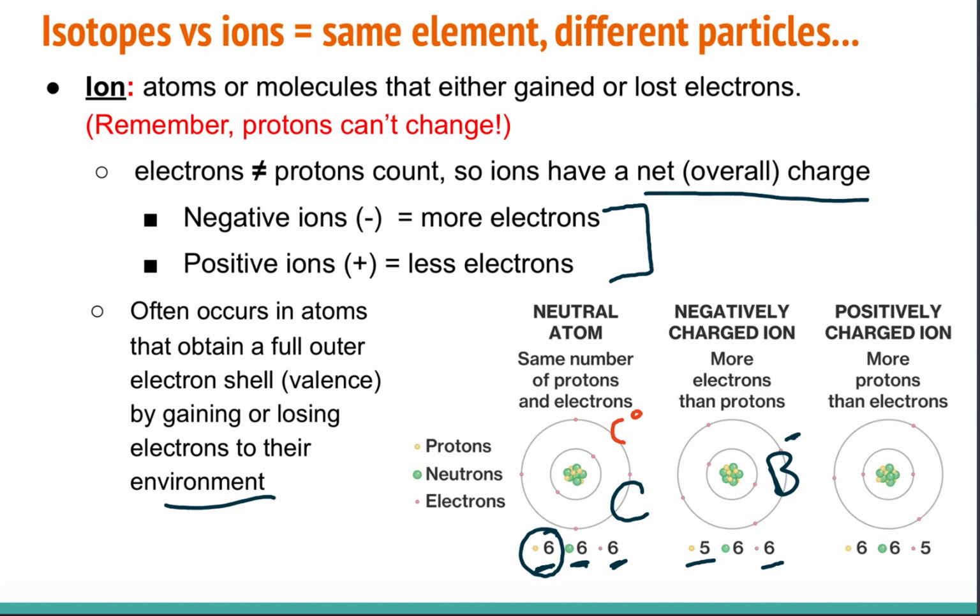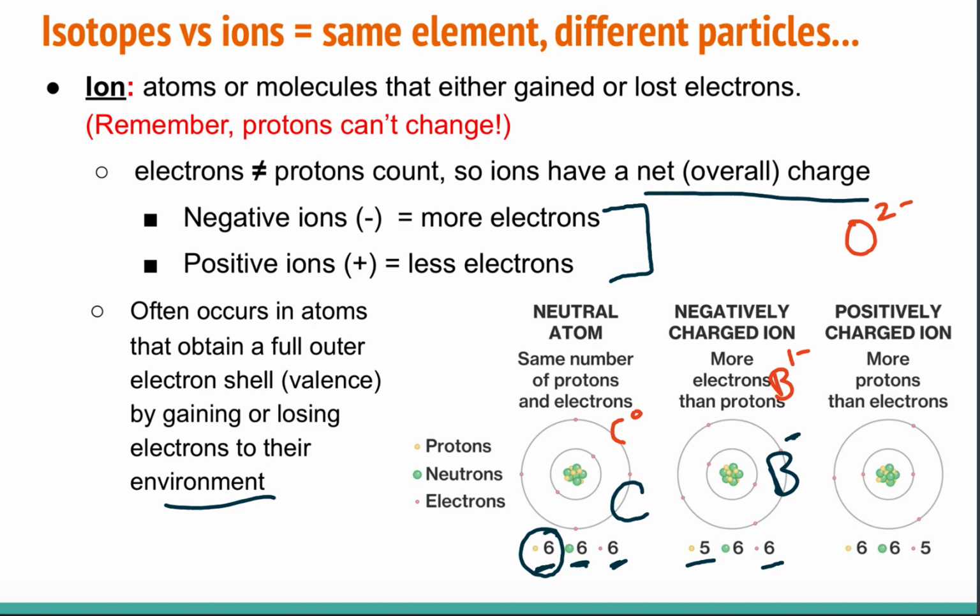Now, generally speaking, for a symbol, if I don't write a number, it means 1. So I will just write B minus, although in reality, you could also write B1 minus. That's a really common way of writing the ion charge. If you have 2, though, you have to write the number. So, for instance, this is a really common ion: oxygen would have 2 minus.